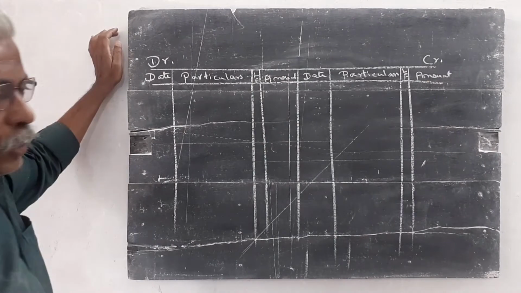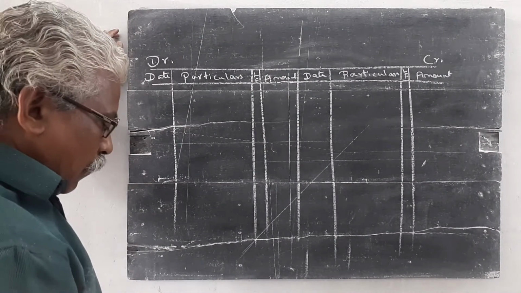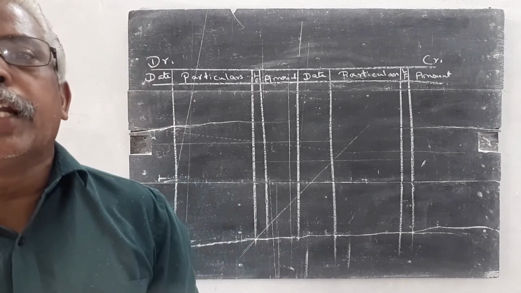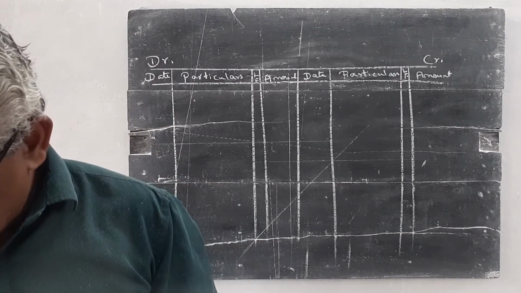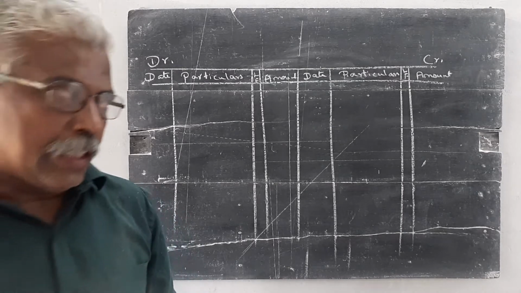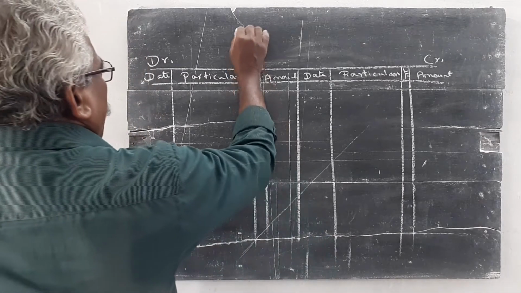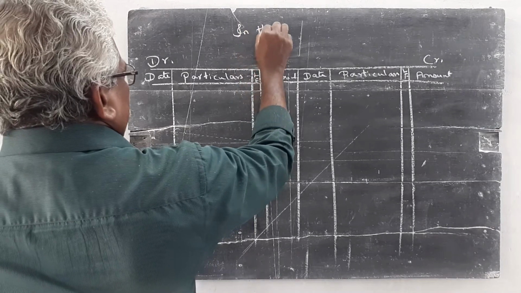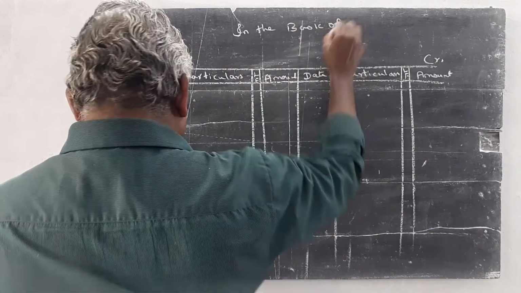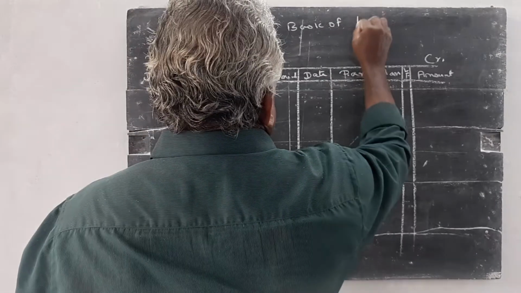Single column cash book. Then first you write illustration number 1. All of you take illustration number 1, page number 129, and try to solve this question. First you write, in the books of Kunal.